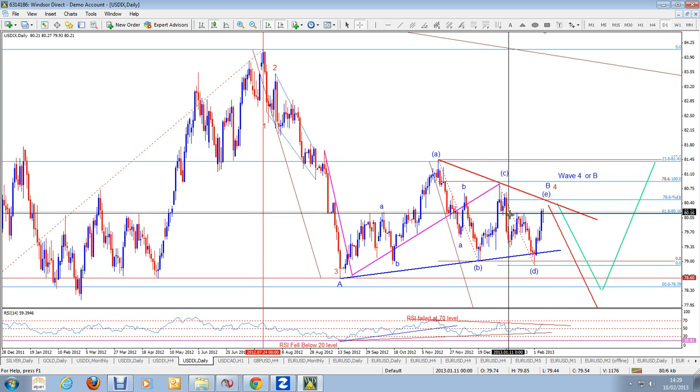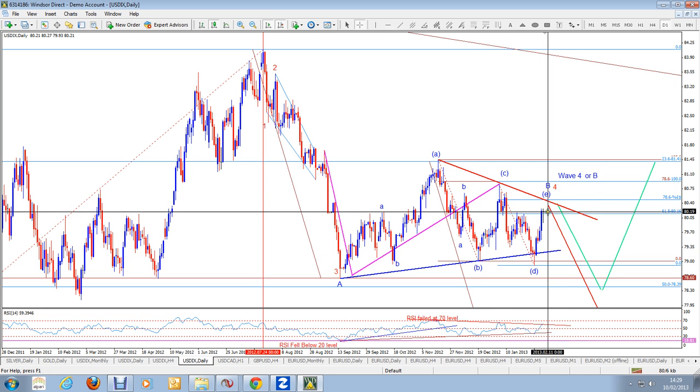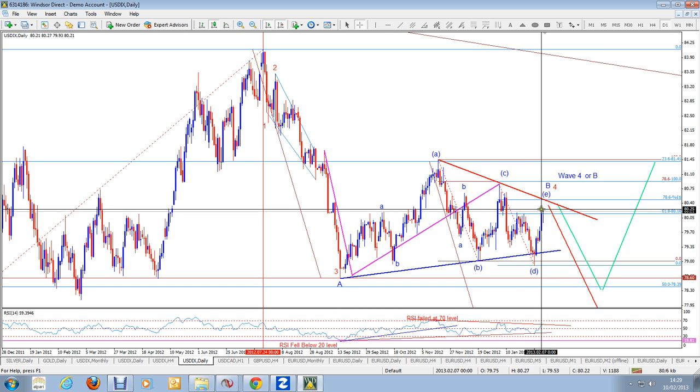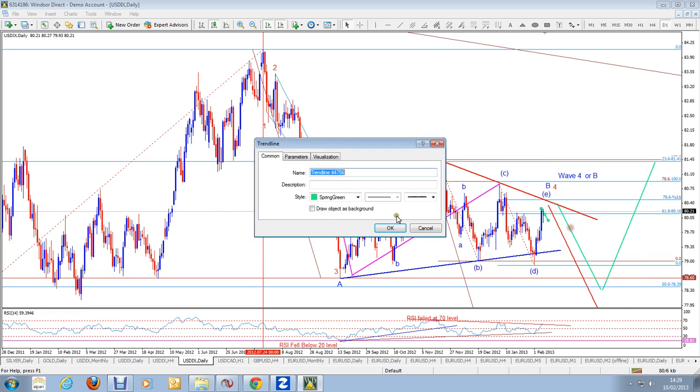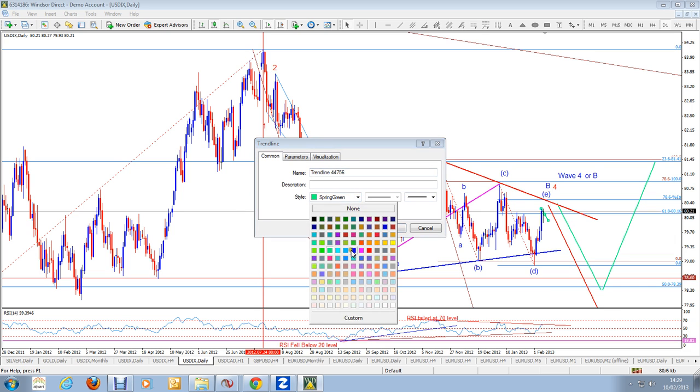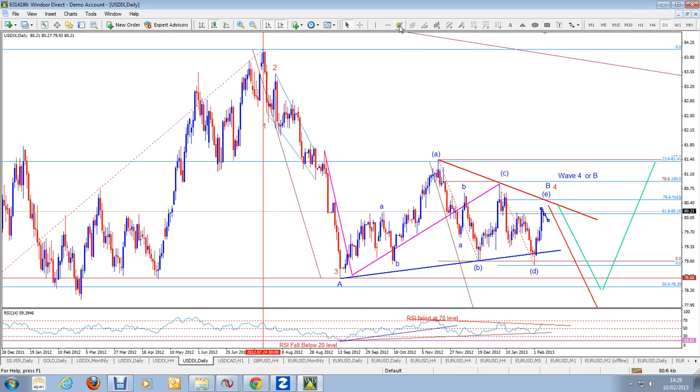So if we do this last leg down, then Fibonacci retracement, we've already done 61%. So we could have a small little pullback. If it's already done, it's done. But if not, a small little pullback there, and then possibly another little leg higher, which will bring us to around the 80.5 area, where this triangle would finish.